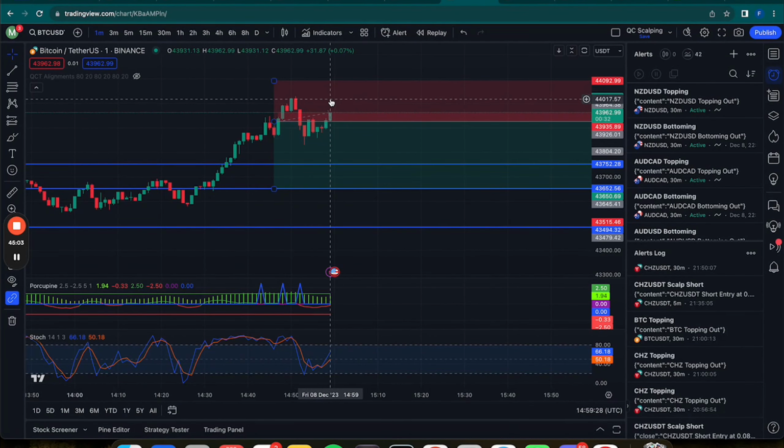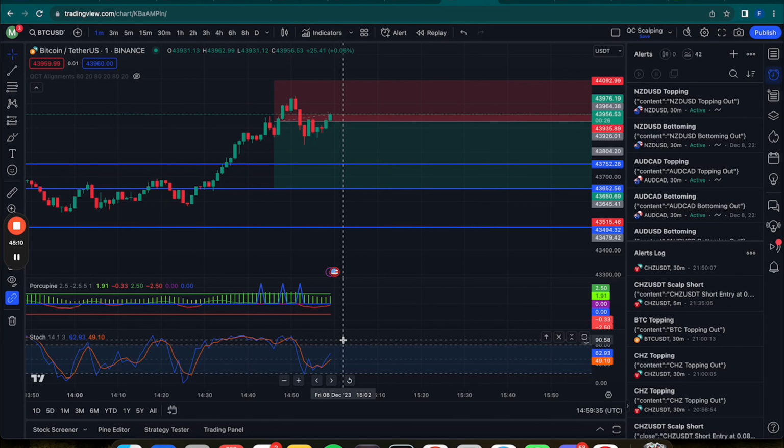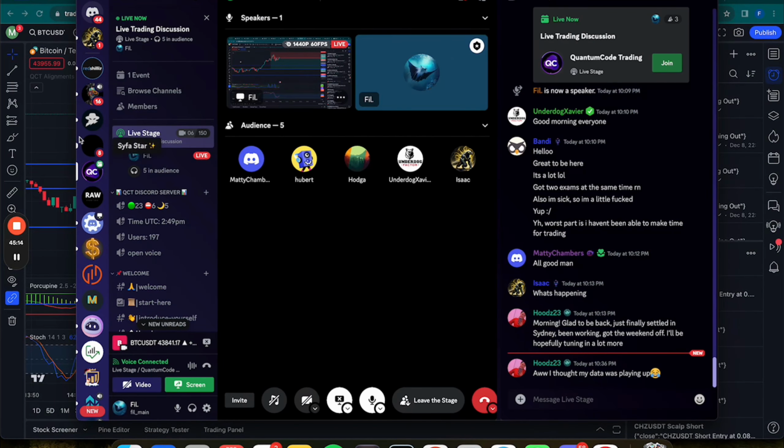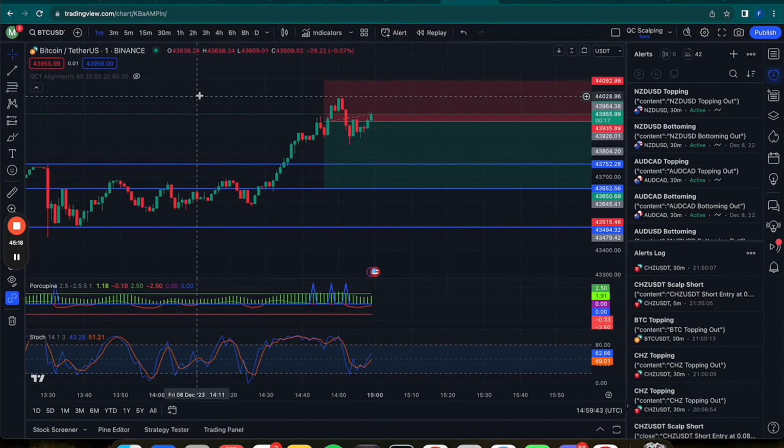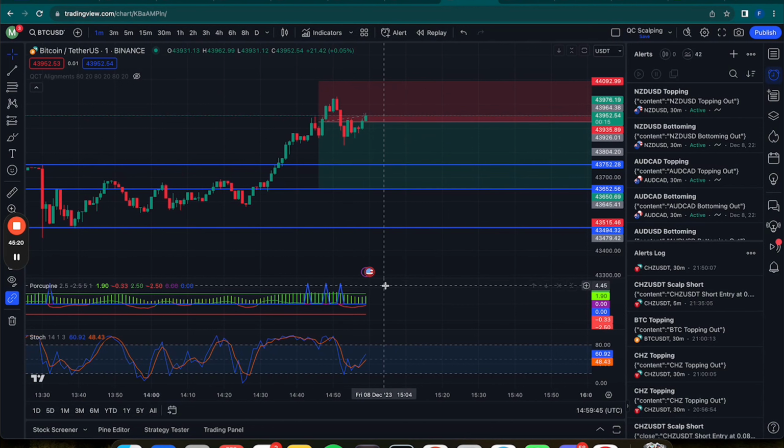Ideally, if we stay below the previous high while we top out the 1 minute, it's a really, really good sign for us. In fact, it's a good enough sign to add in a bit more. So that's something very, very good to see. We just need to wait out what's going on here.